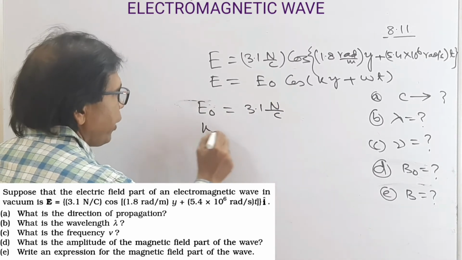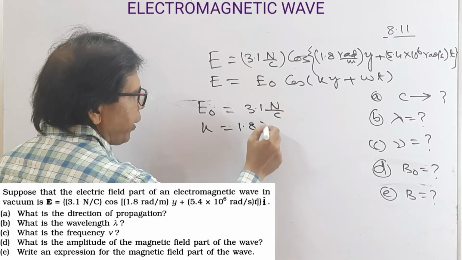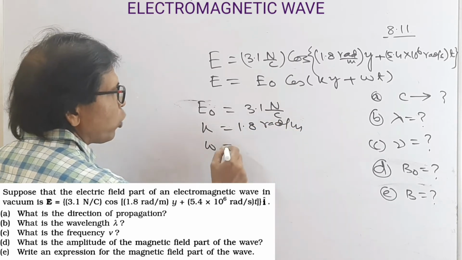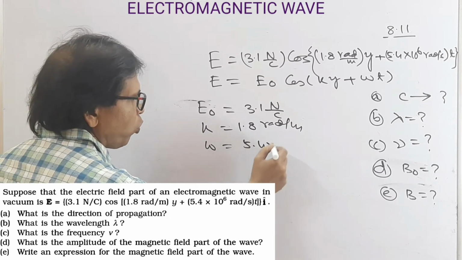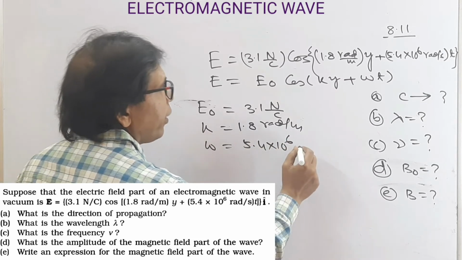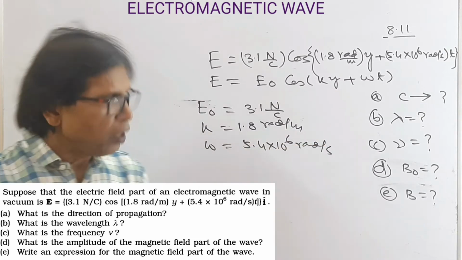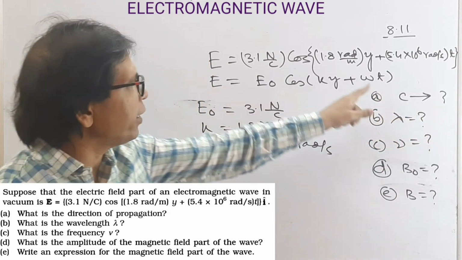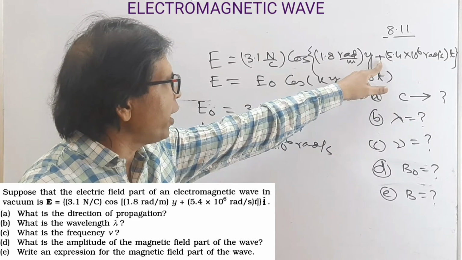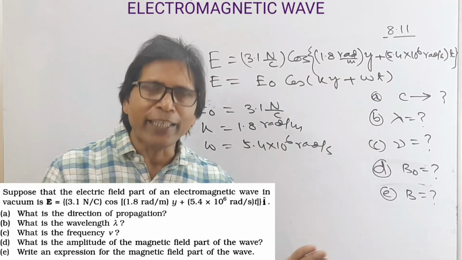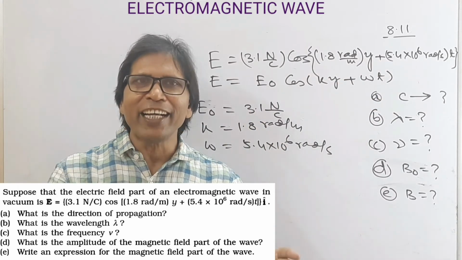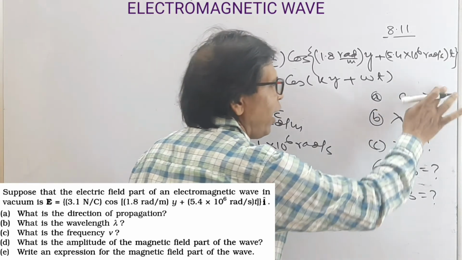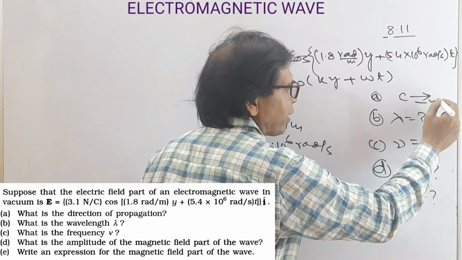Now k equals 1.8 radian per meter and omega equals 5.4 into 10 to the power 6 radian per second. Now we have to calculate the direction of propagation of the wave. Look at this, this is the positive sign, so the wave propagates along the negative direction of the y-axis. So this is the negative y-axis.